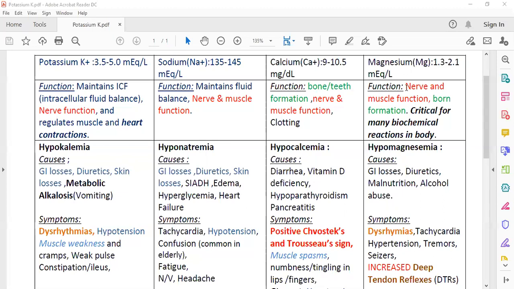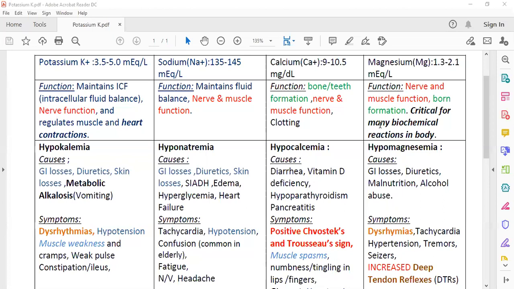What about magnesium? Like potassium, sodium, and calcium, magnesium also works in nervous function and muscle function. You can see I put it in red color, so this is a common function for every electrolyte. Like calcium, magnesium is also an important component of bone formation.